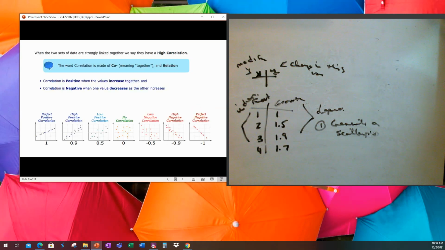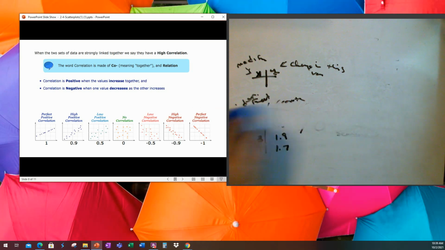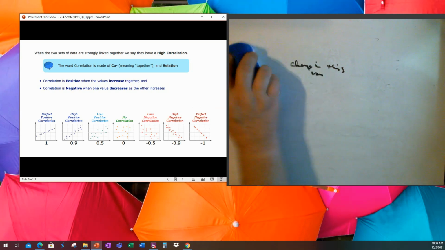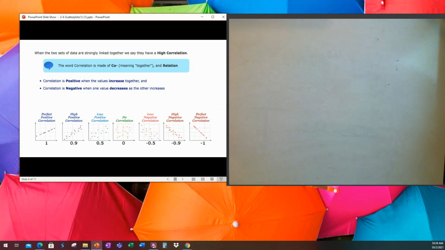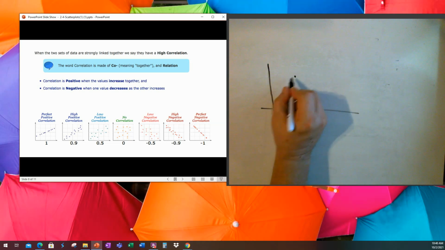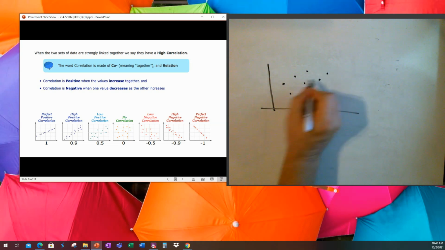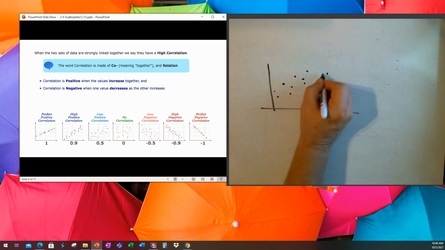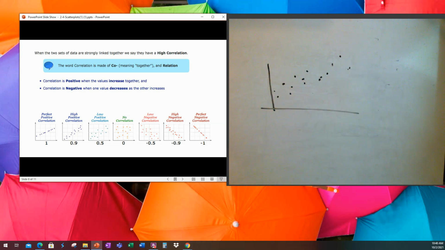So once we do this, we've got our data over here. We go through and we build a scatter plot. Now we added the trend line first, but I get some data, different points, different times. I get some general thing and I look at it. My first job is to build a scatter plot.